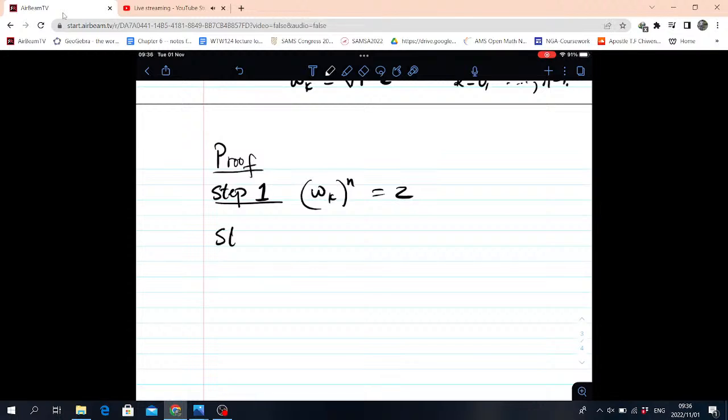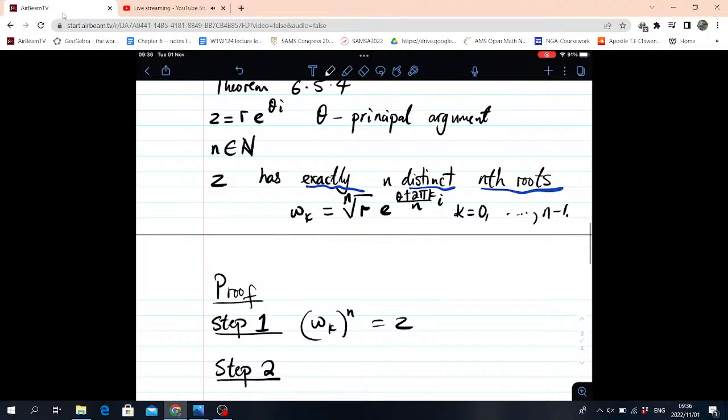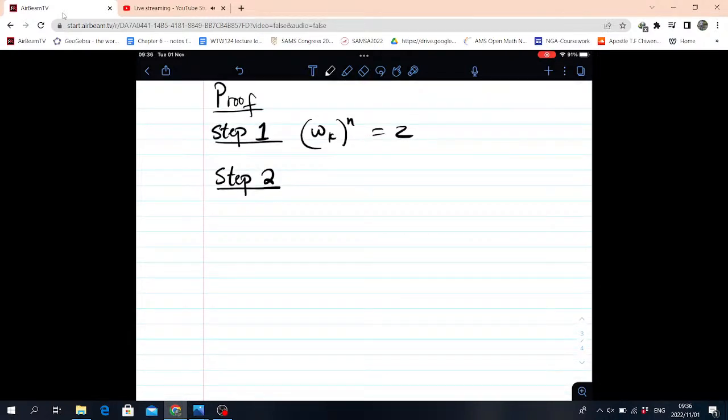And then step 2, we then said, because you want to show that these are the only ones, when you say exactly n, you want to say if w is an nth root of z, then it is going to be one of the ones that we already know.